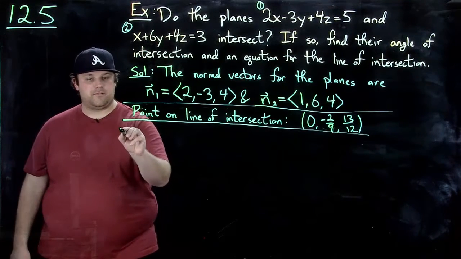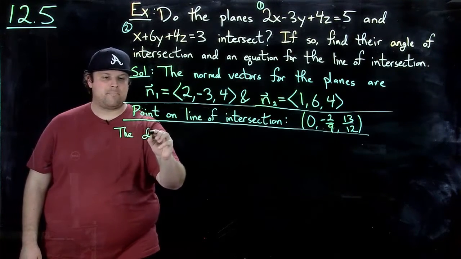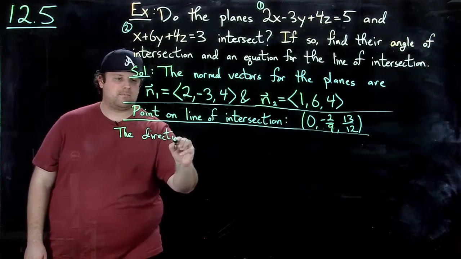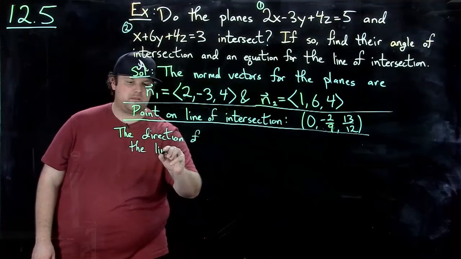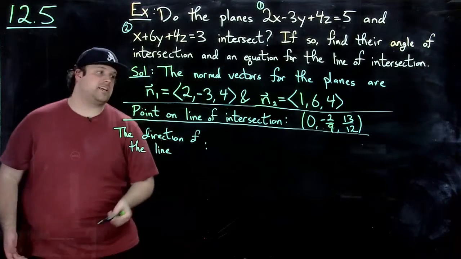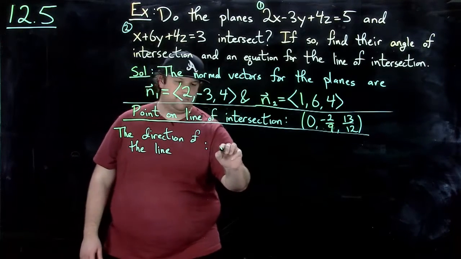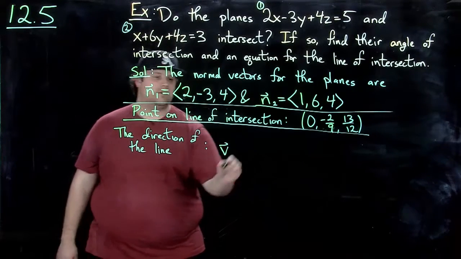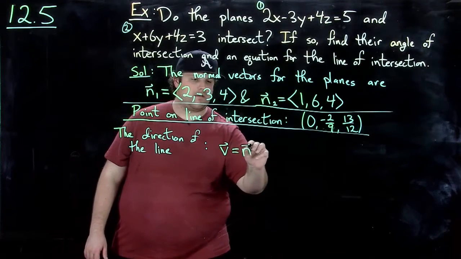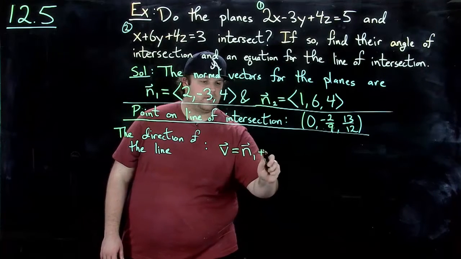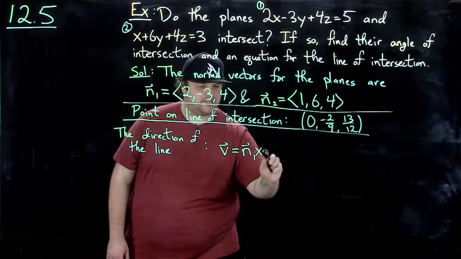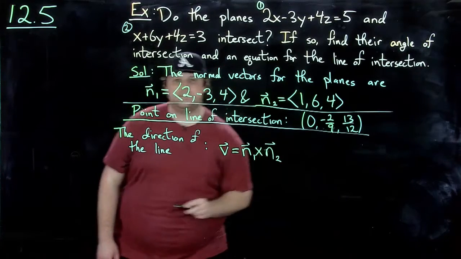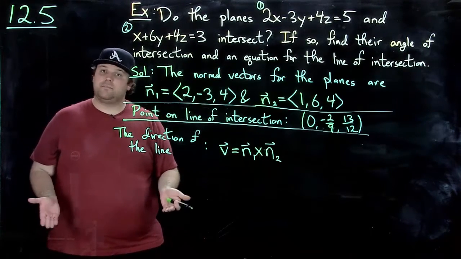So the direction of the line, let's call it v for the direction, is just given by n1 cross n2. So let's compute this cross product.